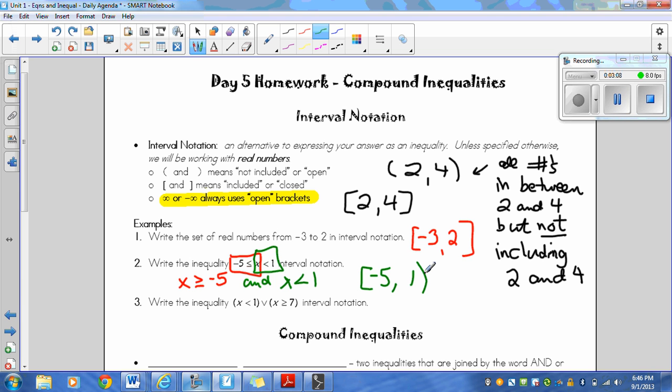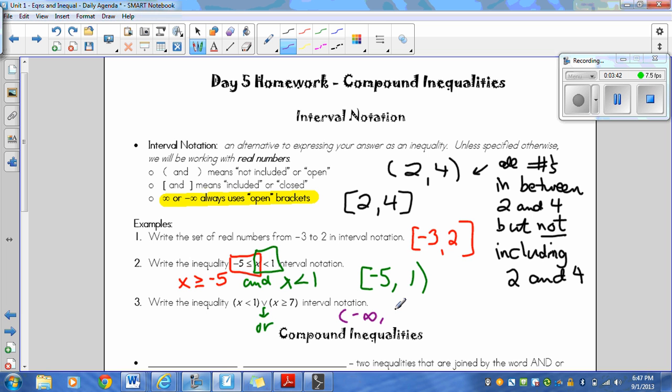Write the inequality x is less than 1, or, this symbol means or, it's a V, or it could be a U, but it means or, x is greater than or equal to 7. Okay, this is the interesting part. If I want less than 1, I want every number less than 1, and so you keep going, and the lowest number you can have is negative infinity. So we're going to use an open bracket because you can't ever actually reach infinity, so you can't include it.